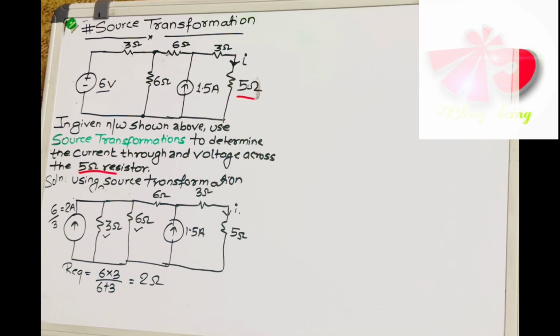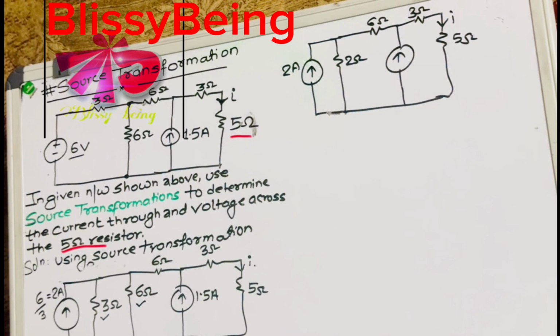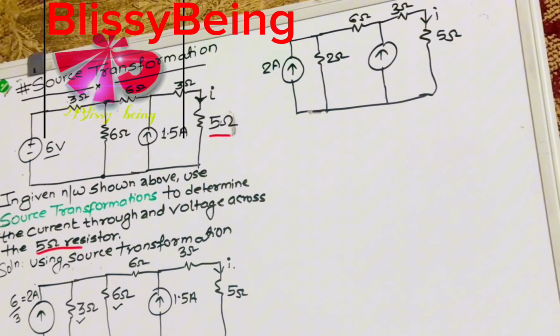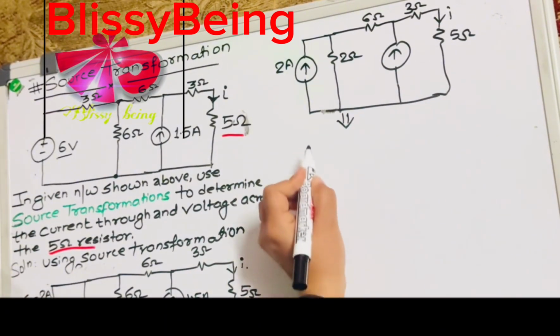Once you identify the R equivalent, let's redraw the circuit. We need the current at this position. Now let's change this current source into an equivalent voltage source.